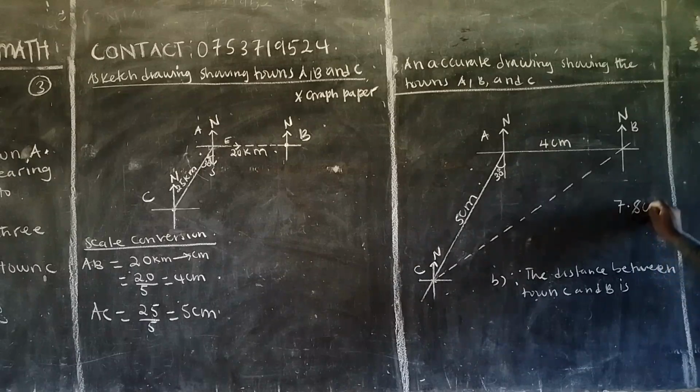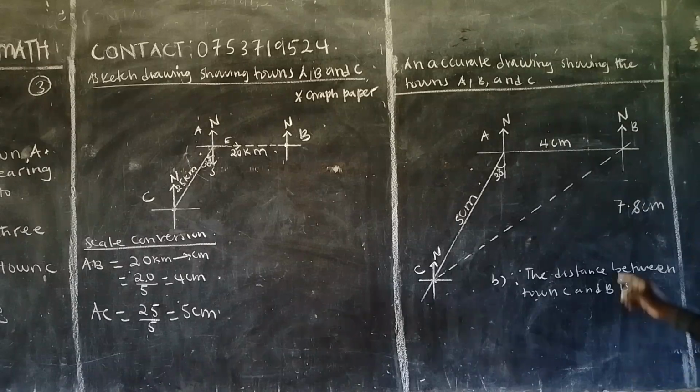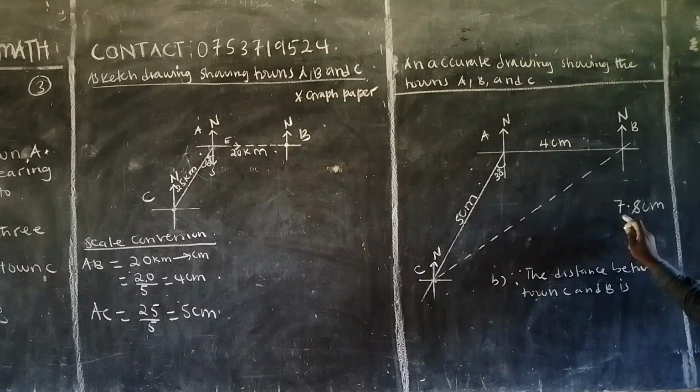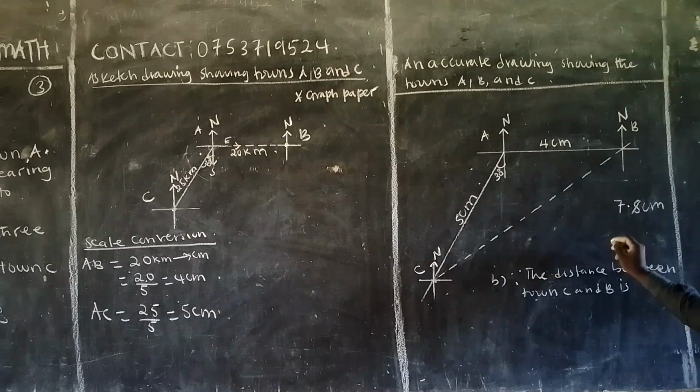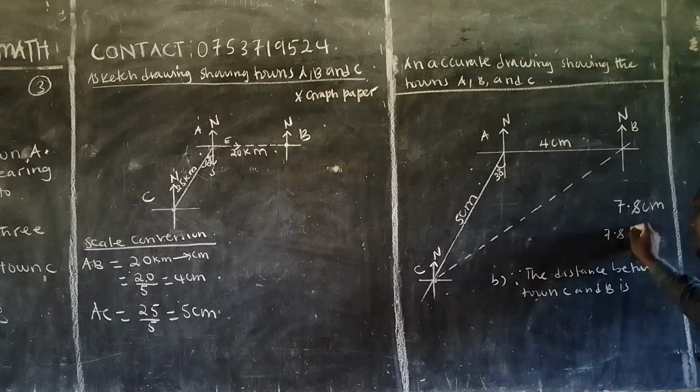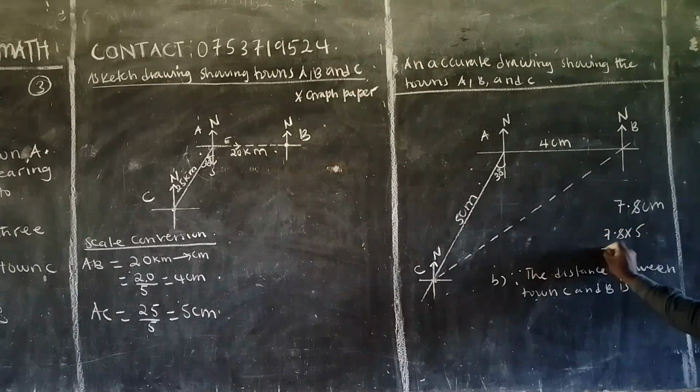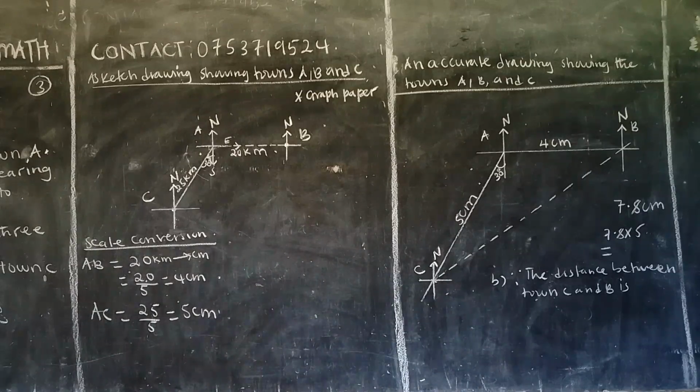So it's 7.8 what? Centimeters. But the distance they want here is the real distance. So you come and say it is 7.8 centimeters, but you need to change this back to kilometers. So now that will be 7.8 times 5. What will now be that answer?